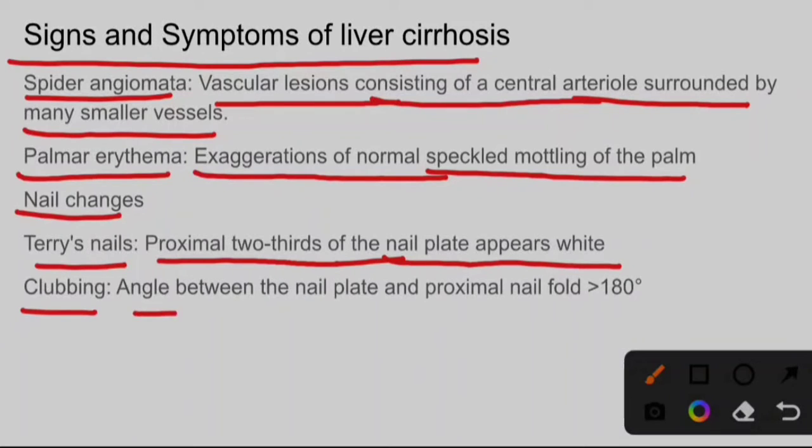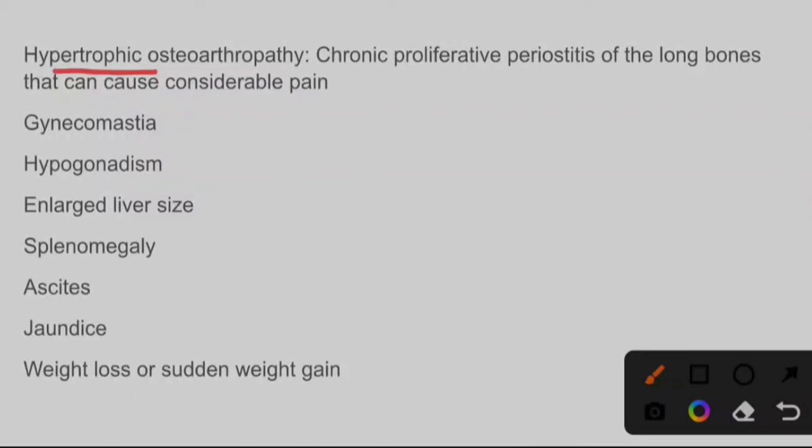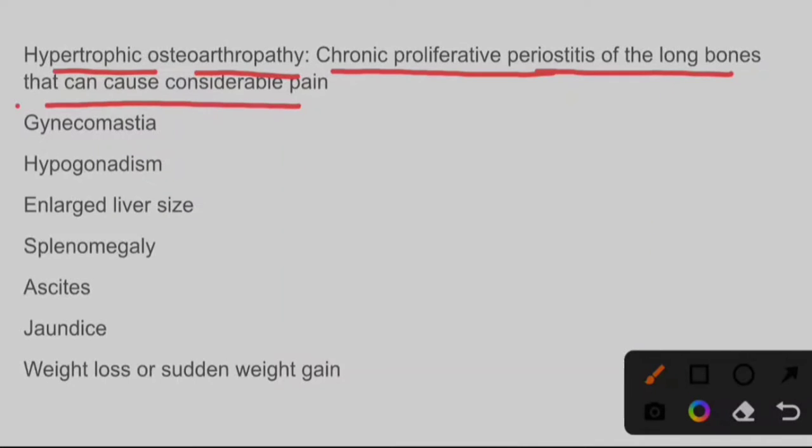Clubbing, the angle between the nail plate and proximal nail fold is more than 180 degrees. Hypertrophic osteoarthropathy, chronic proliferative periostitis of the long bones that can cause considerable pain.